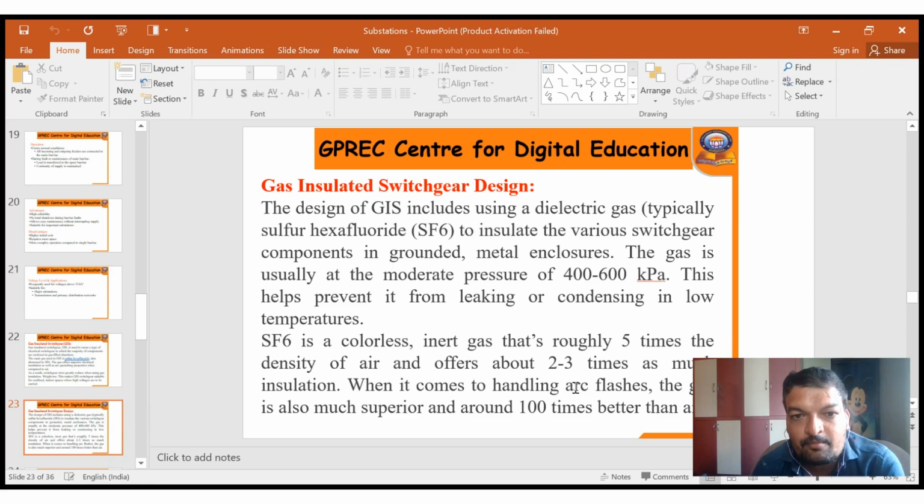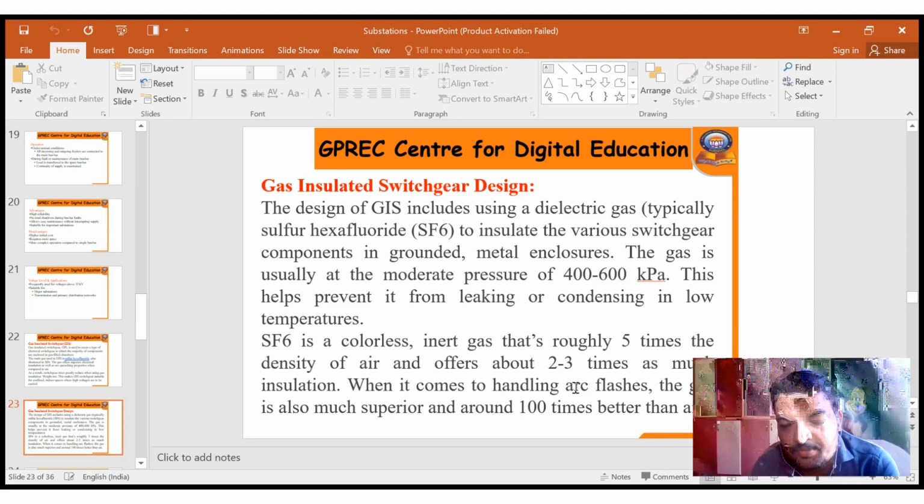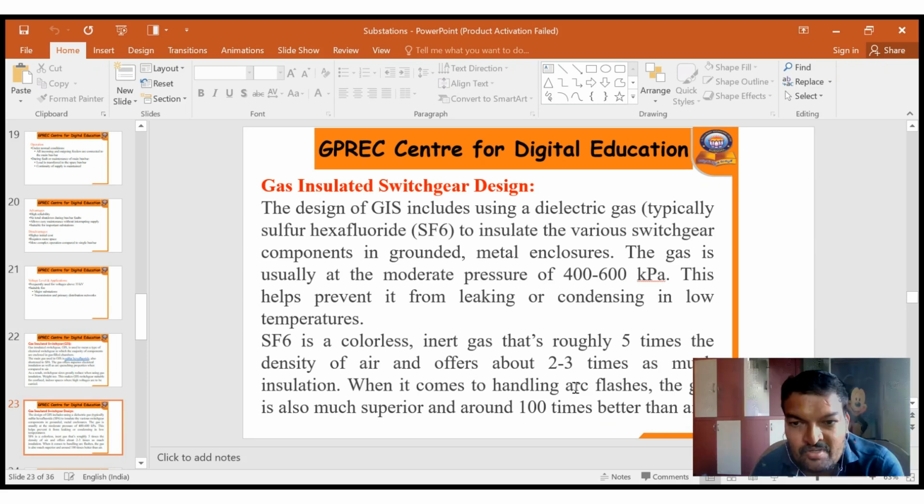Because of this moderate pressure, it prevents leakage or condensing in low temperatures. That is why we go for this moderate pressure.